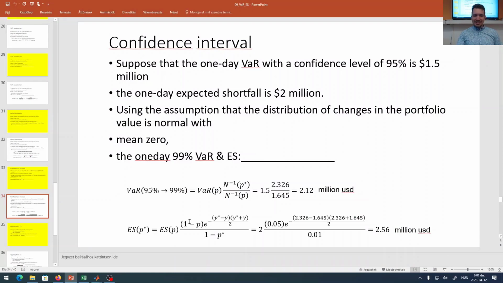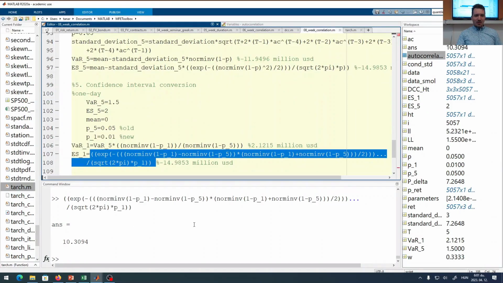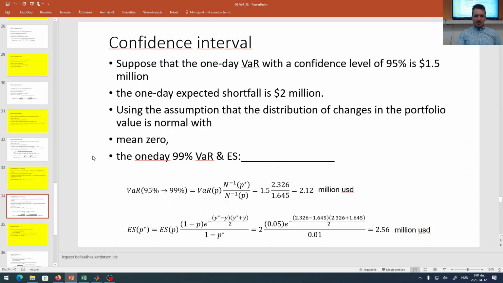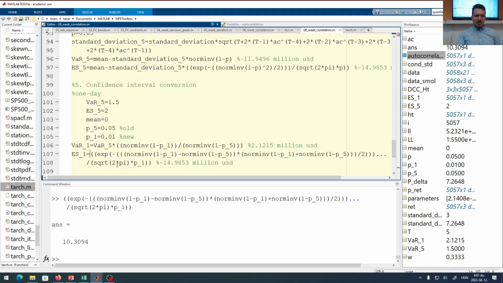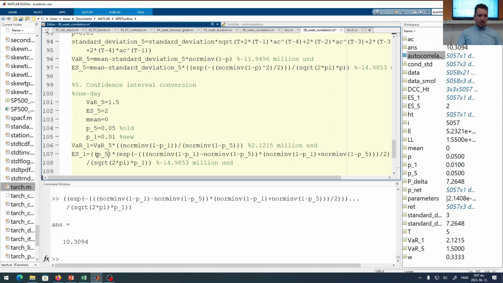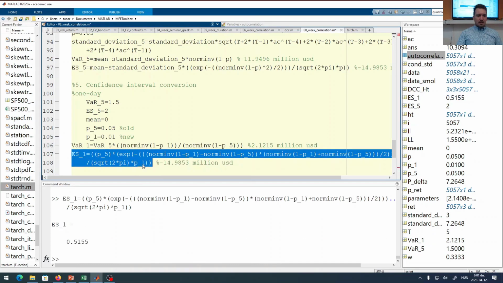Yeah, because this component, the 1 minus p. Okay, before the exp we should do the multiplication with the, but for us this is just the old p. Yes. Okay.